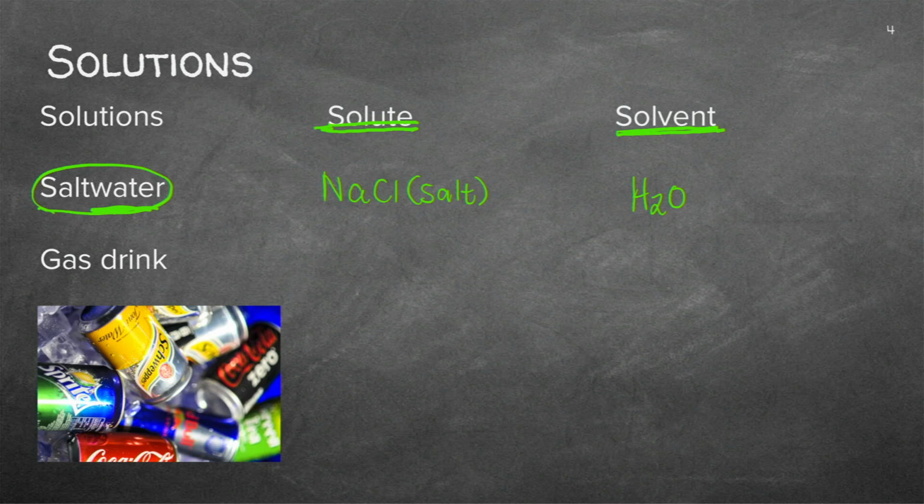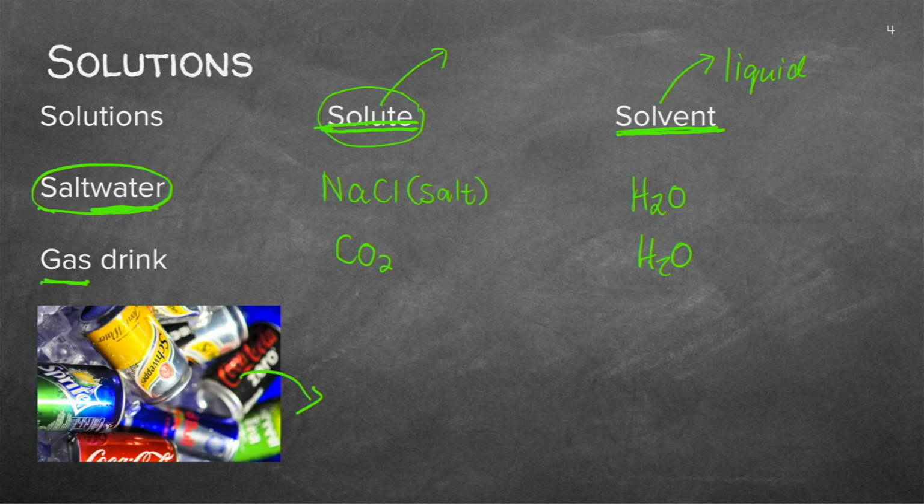Another one, which is quite interesting because we don't see it like that, if I've got, for instance, a cold drink, I actually have a gas, so I've got carbon dioxide, which is the solute, with water as the solvent. So you have to be able to identify the solute, that's what you throw into the solvent, which is the liquid.